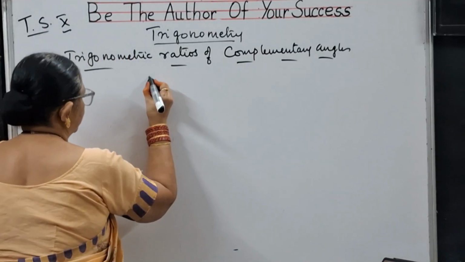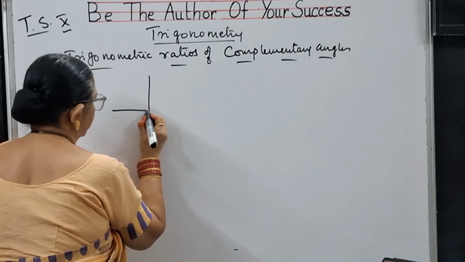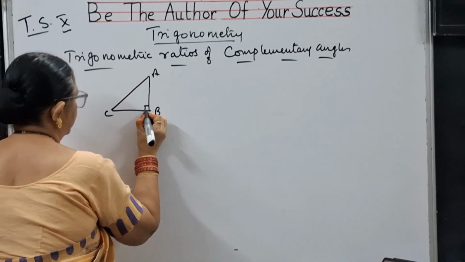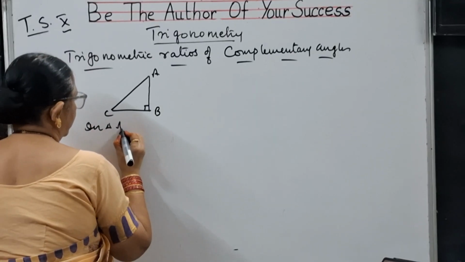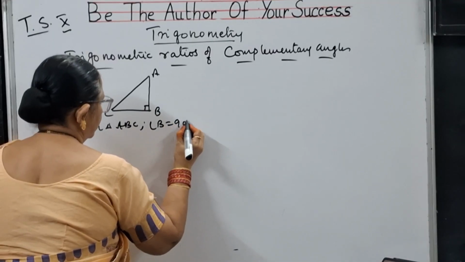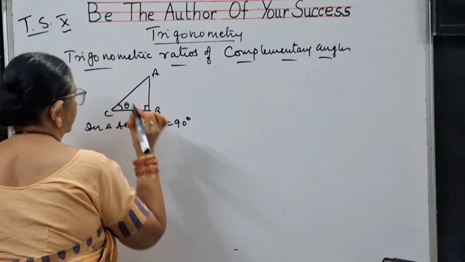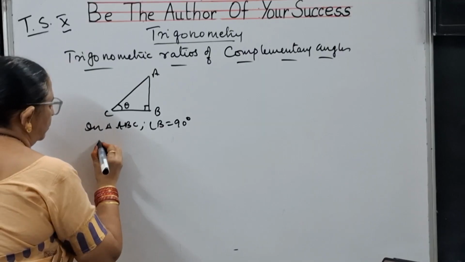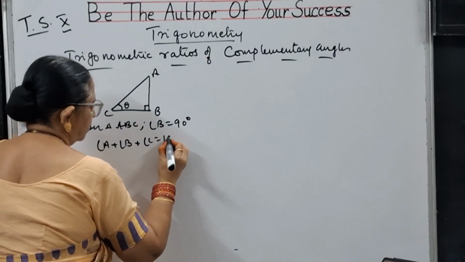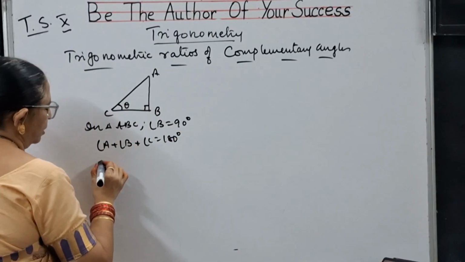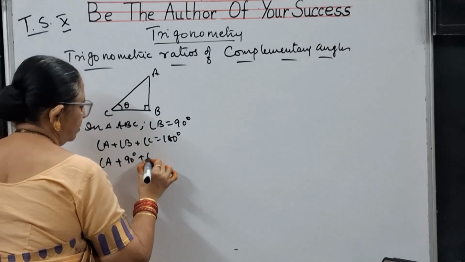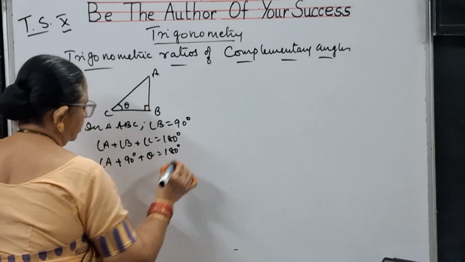So let us take a right angle triangle ABC. This is 90 degrees. In triangle ABC, angle B is equal to 90 degrees. Let angle C be theta. We know that angle A plus angle B plus angle C is 180 degrees. That means angle A plus 90 degrees plus theta is 180 degrees.